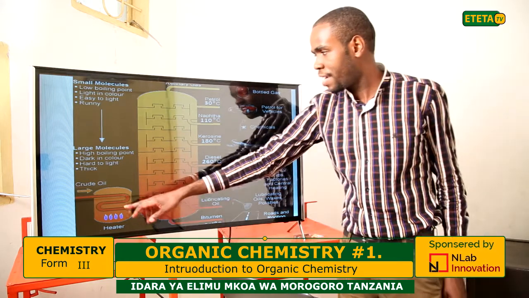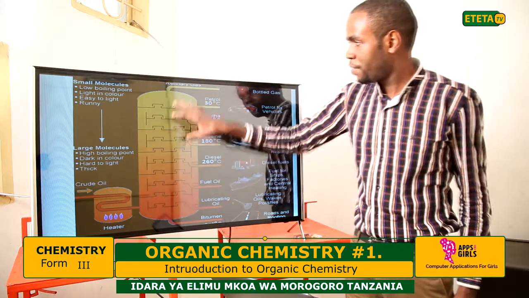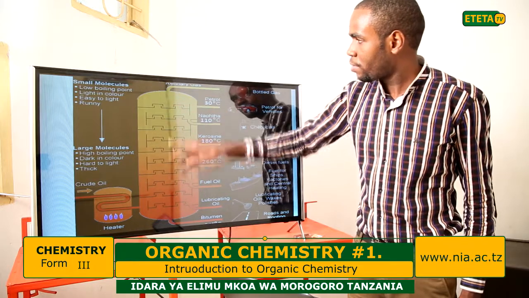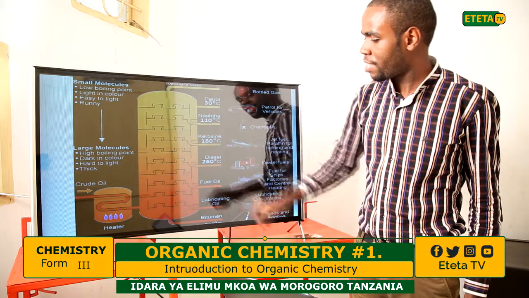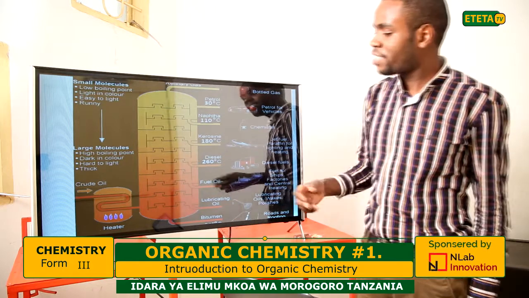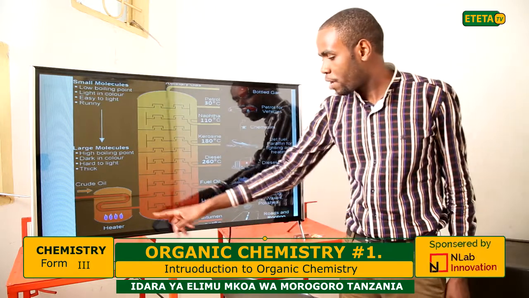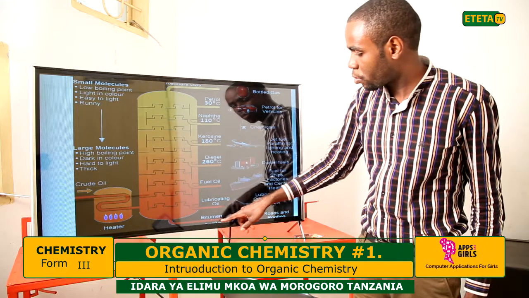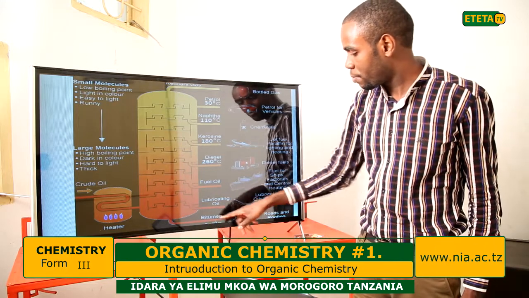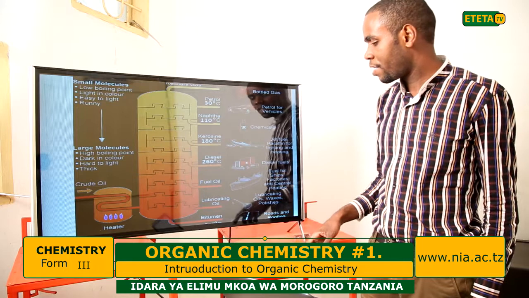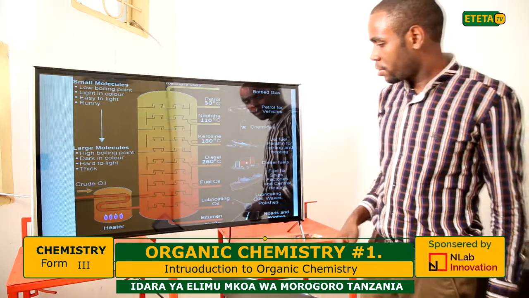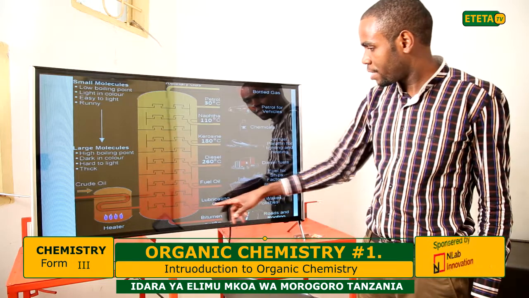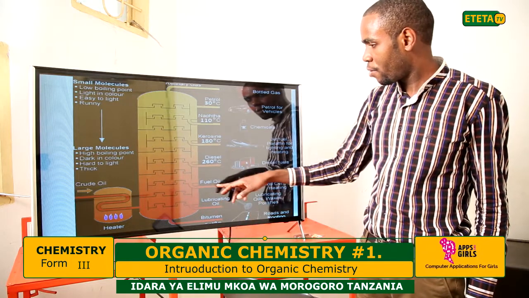Once the crude oil is fed into the fractionating distillation column, those which do not change to vapor will be collected in this bottom pipe, which are bitumen and the other residue. We have a lubricating oil here, we have a fuel also.